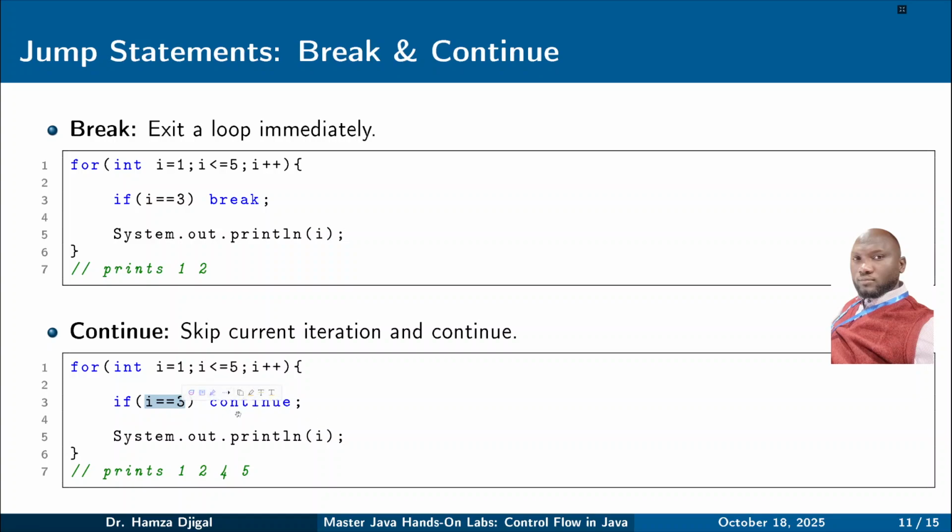So when I is 3, it will continue. That means it will not print i because I don't need it. It's the same thing in data mining later when you learn it. You want to find a specific value and either use it or skip it.